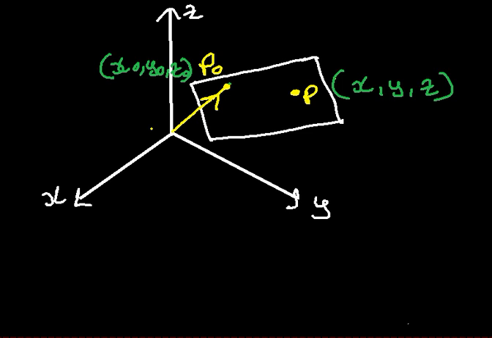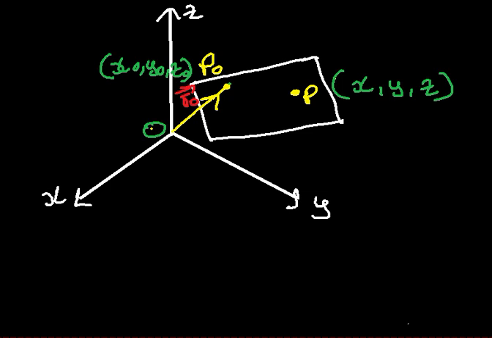Now we have a vector OP naught, and let's say the vector OP naught is given as the vector R naught.